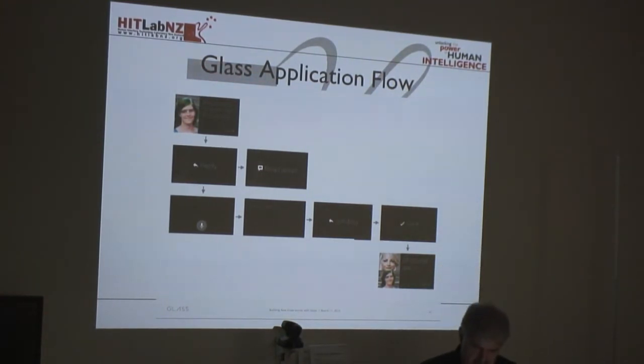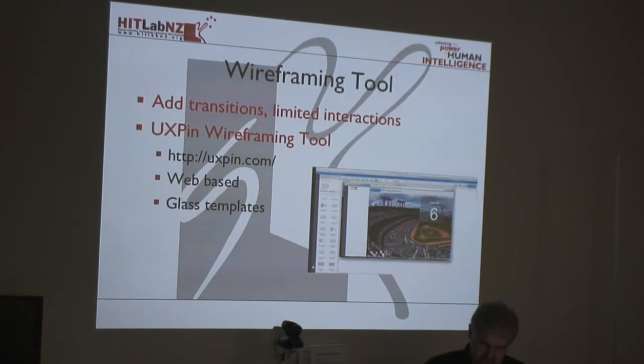The first is a wireframe tool called UXPin, and it's a web-based tool that allows you to create your own screen templates, or create your own user interfaces online, and they have their own Glass templates already. So if you use this tool, they already have a bunch of templates for you.